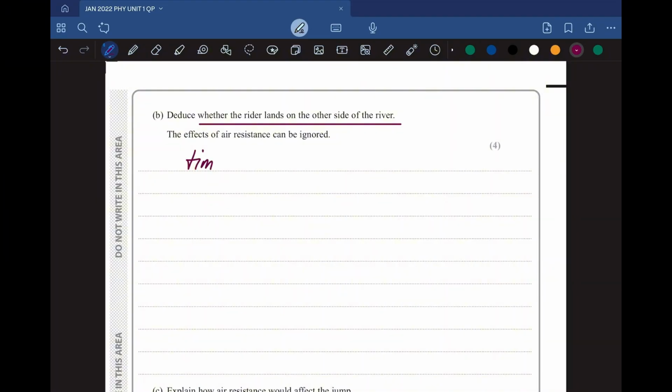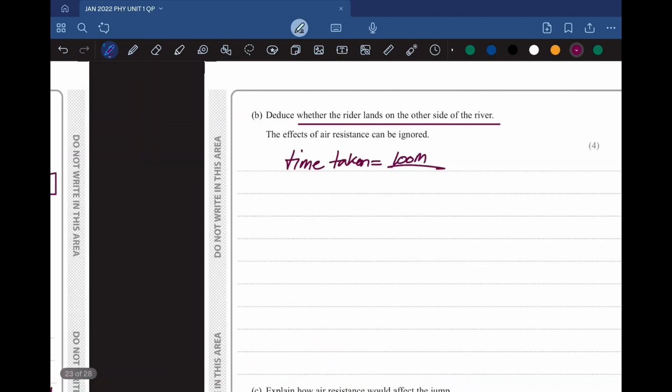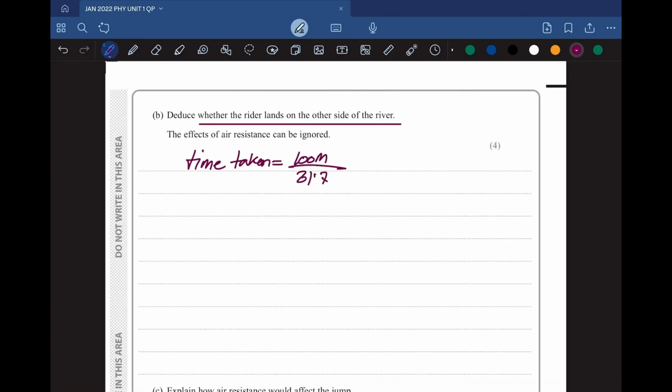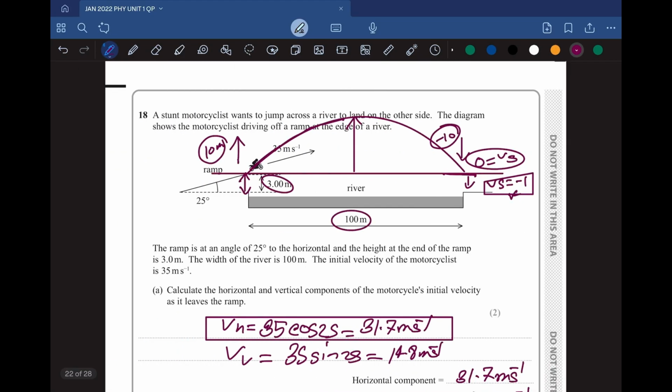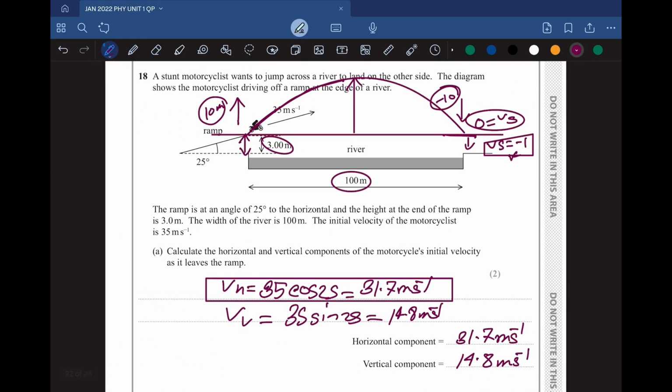So time taken is equal to 100 meter divided by 31.7 m/s^-1. So our time is going to be equal to 3.15 s.